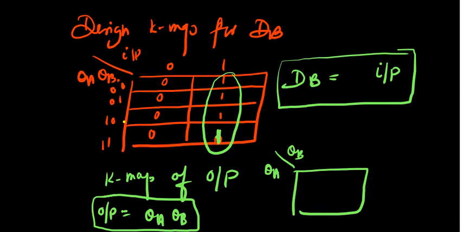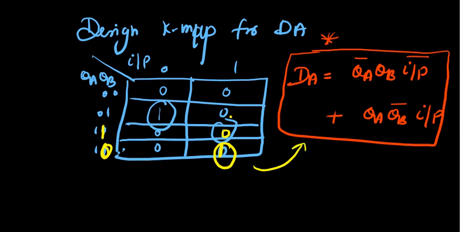Yeah, one mistake is here. Here there is no change because there is both one, so the thing will be the same. But here a bit of change will happen. QA bar, QB, input bar, and no, it's good. The output is the same because we are not actually making a group, so the expression is okay.